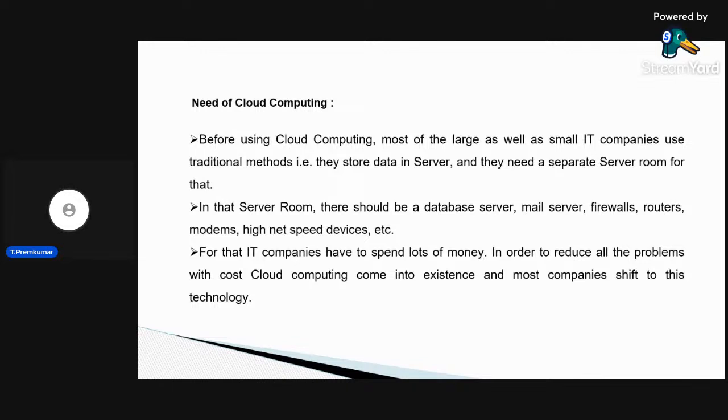In that server room, there should be a database server, email server, firewalls, routers, modems, high speed net devices, etc. For that, IT companies had to spend a lot of money. In order to reduce all these problems with wide cost, cloud computing came into existence, and most companies shifted to this technology.